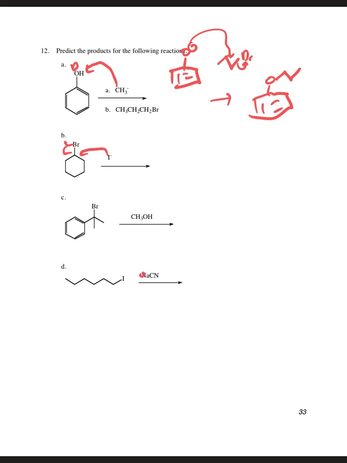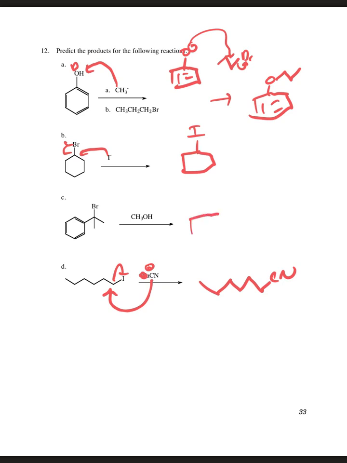Then the last one, sodium cyanide, is just CN minus. It's an SN2. So we're going to get the iodocyclohexane, the nitrile adding on to the 6-carbon chain. Be careful about counting how many carbons you have.